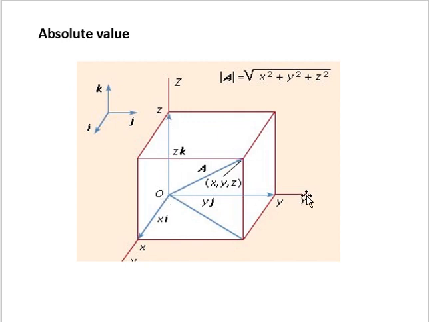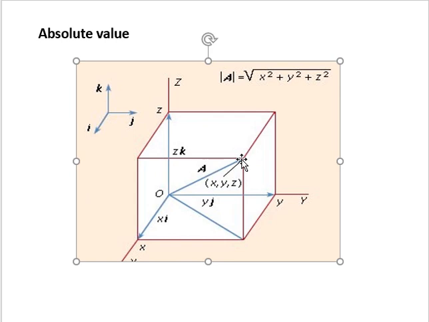Similarly, in the y direction j is the unit vector, so if we want to go y units of distance, it will be y times j.